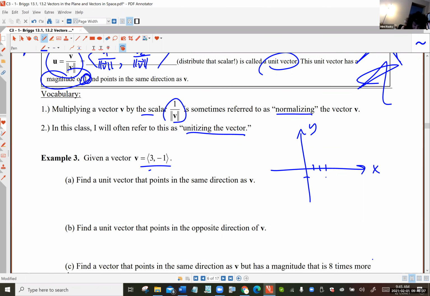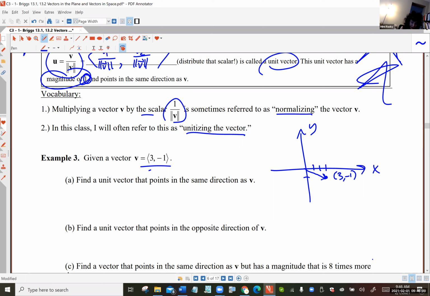Okay, good. Plot the point 3, -1. There it is. And then, am I done? Is that the vector? Draw a line from the origin to the point with the arrow at the point. Good. There's my vector. Isn't he cute? So cute.